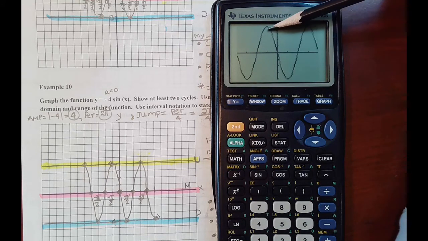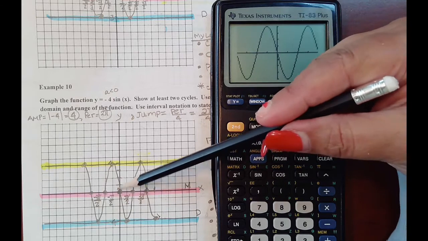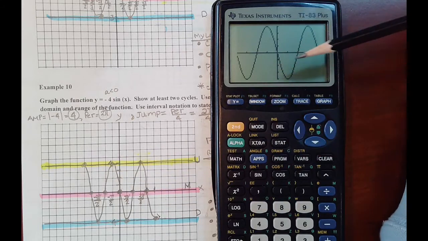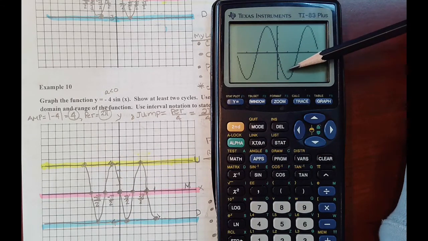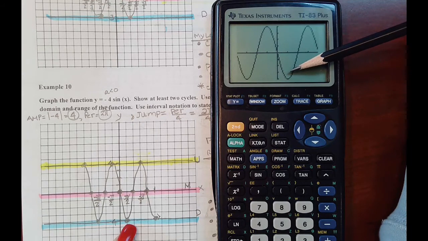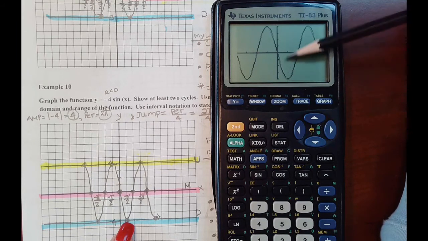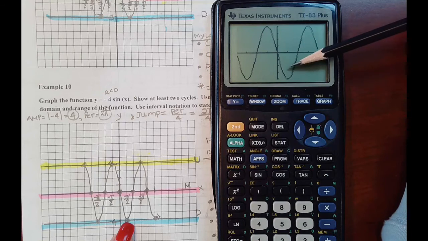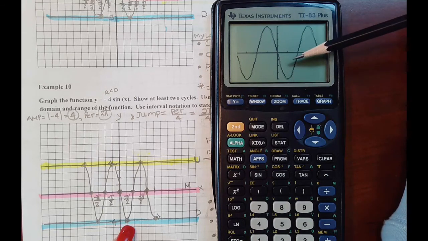It goes up right on the left side of the y-axis, just like ours goes up. It goes through 0, 0. It has a minimum point. Well, on our graph, we know that that minimum point was pi over 2, -4. Whereas here, you'd have to go into your window or your table to get those values.